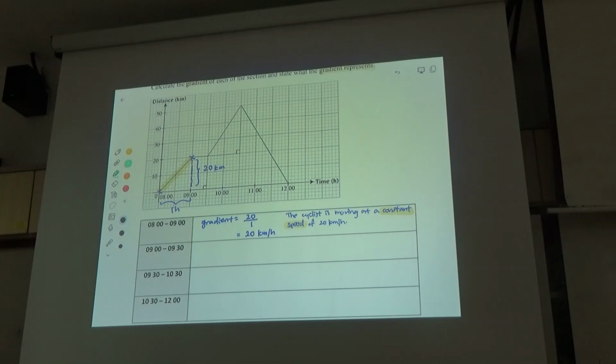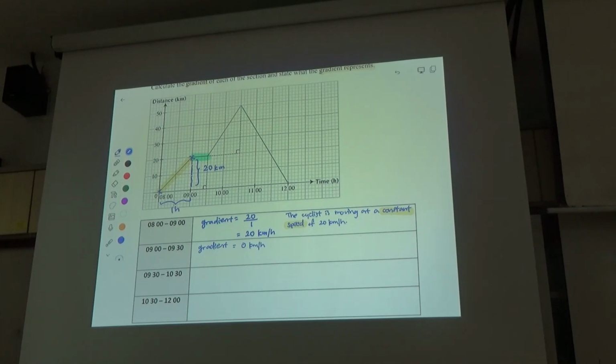Then we look at the next line segment, this one that I've just highlighted in green. It is a horizontal line and we know for sure that all horizontal lines have what gradient? 0. So no calculations needed, you need to know all horizontal lines' gradients are 0.